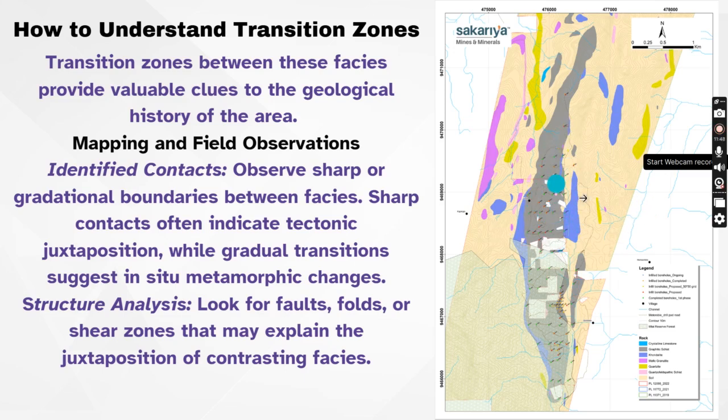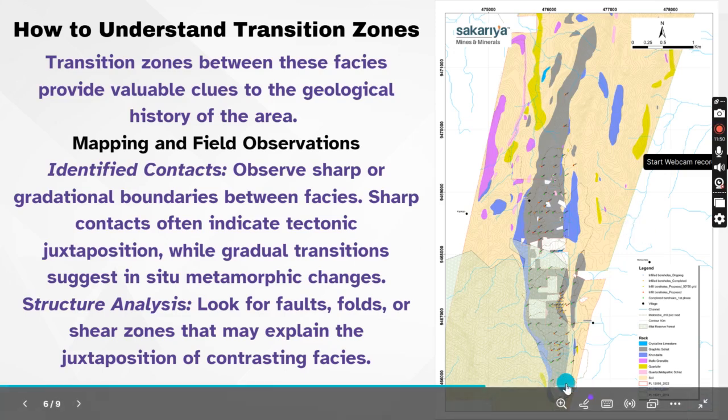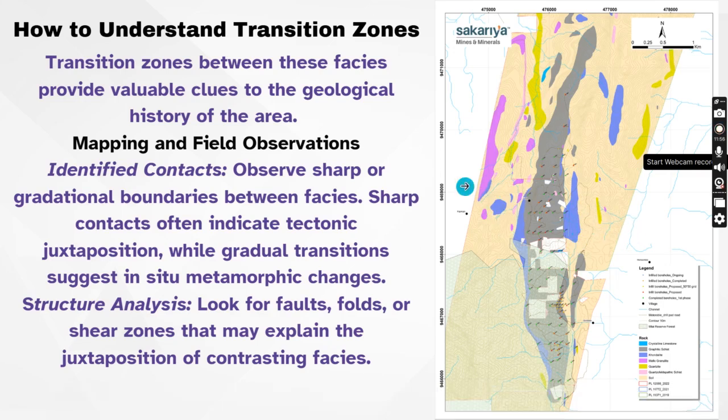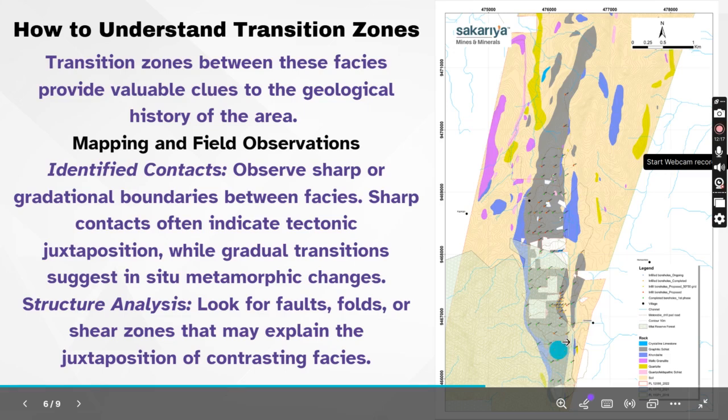So east-west compression led to north-south fabric development, and that fabric, due to open to close, tight isoclinal folding, causes foliation, axial planar foliation, which is dipping easterly. Thrust is also dipping easterly. So all the major fabrics are dipping easterly here, and the major strike is broadly north-south.